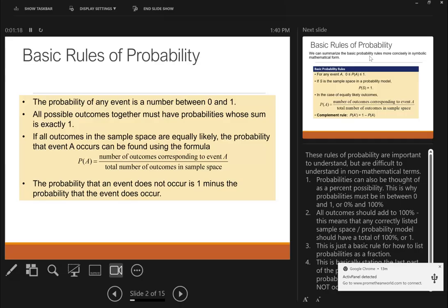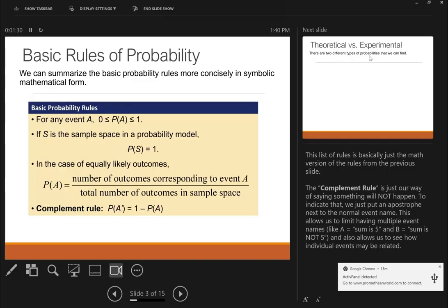The probability that an event does not occur is 1 minus the probability that it does occur. That was the complement rule. We mentioned that last time also. Here are the same rules written symbolically.